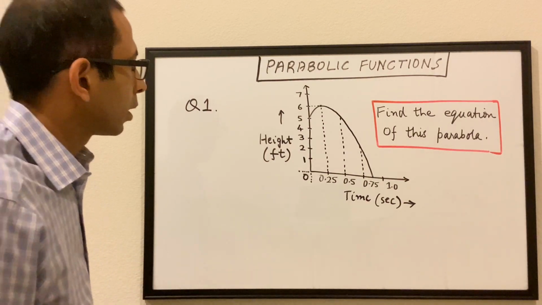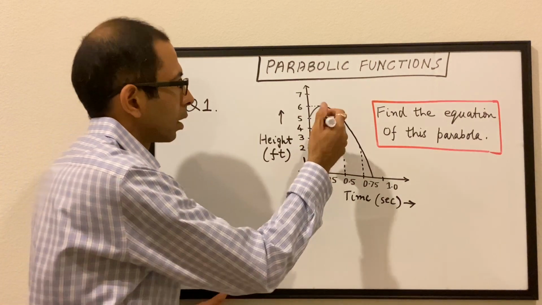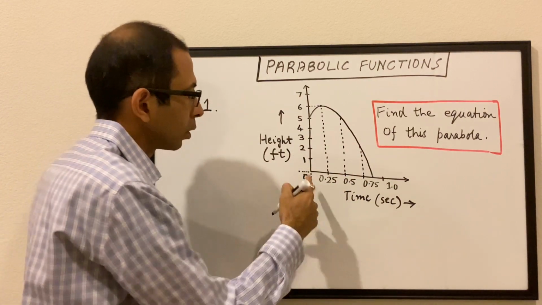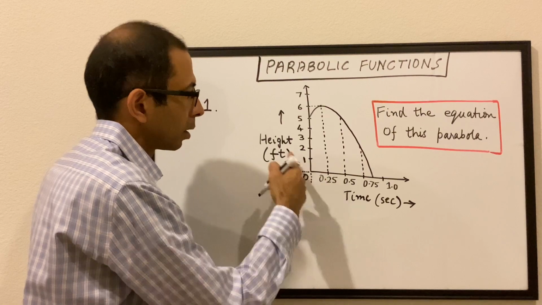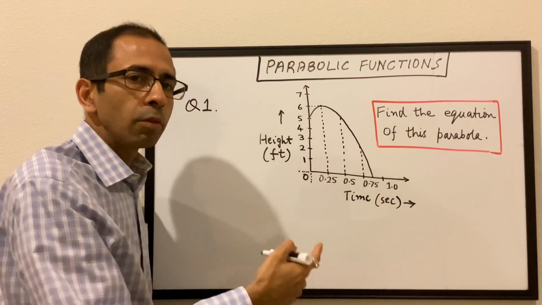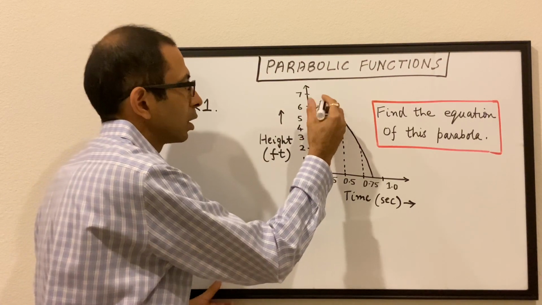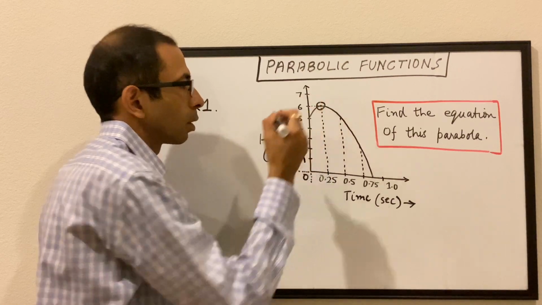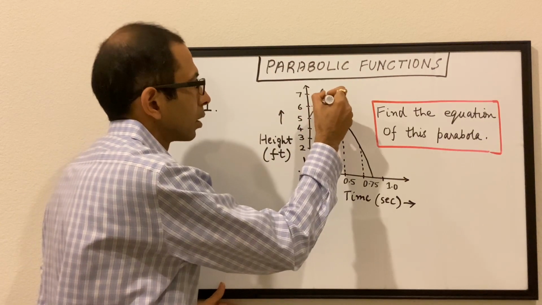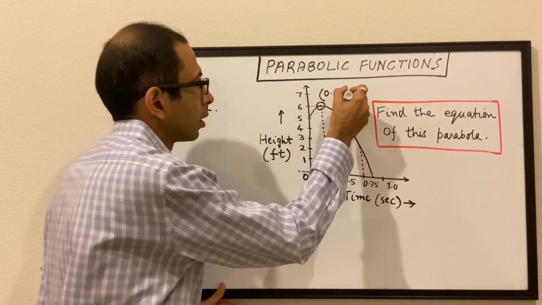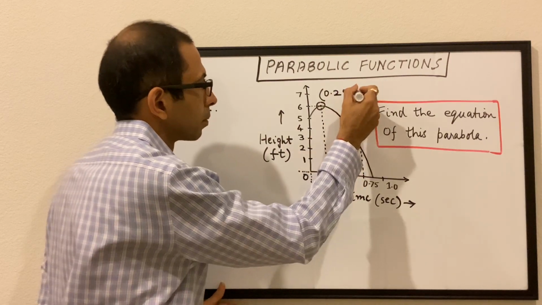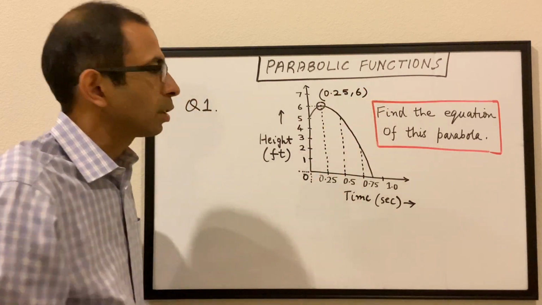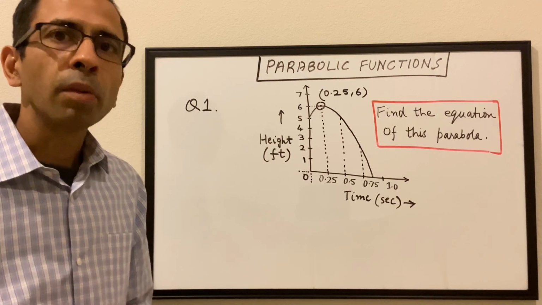So clearly, we know the vertex of this parabola. We know at what time the ball reaches the maximum height, and we also know the maximum height. So we essentially know the coordinates of this vertex, which is nothing but 0.25, comma 6. So it makes sense for us to use the vertex form of the parabola.